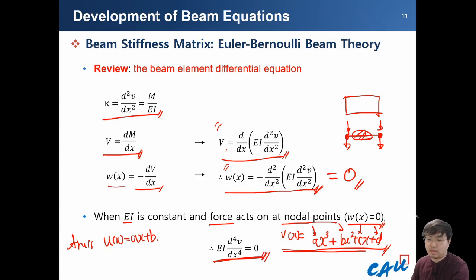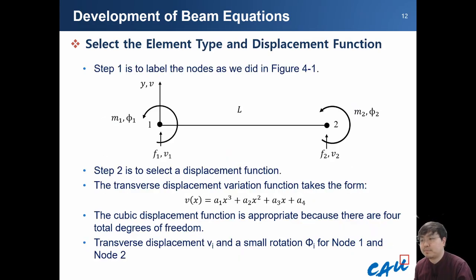So this is the starting point of deriving the stiffness matrix of the beam element. Here we have this relationship, and we are going to assume that the displacement field follows a third order polynomial equation.